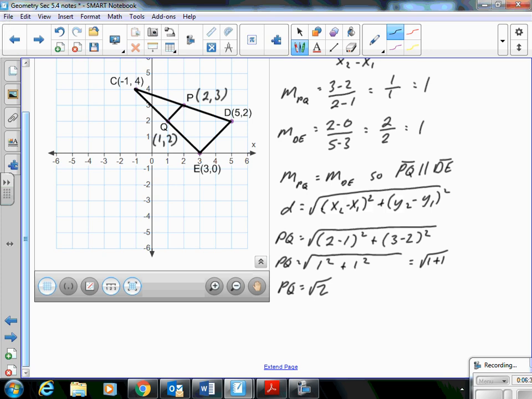Now I need to do the same thing for DE. So for DE, our x's are 5 and 3, so 5 minus 3 squared. And then for the y's, 2 minus 0 squared.